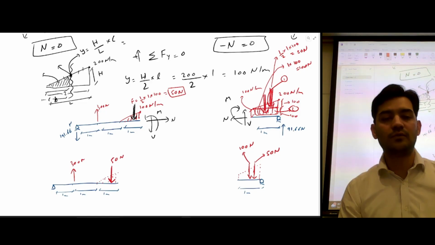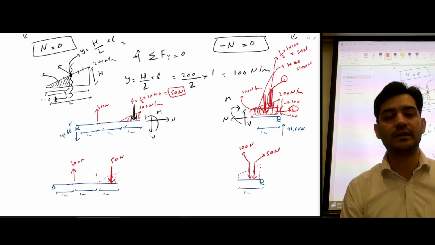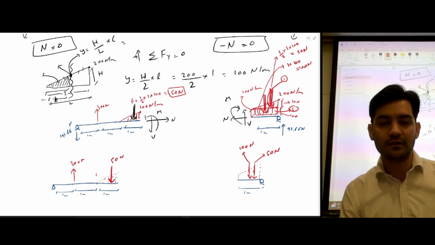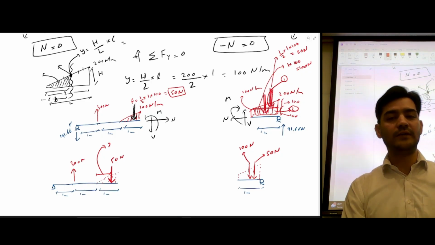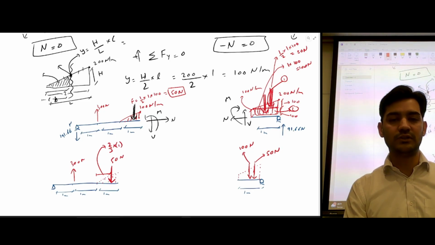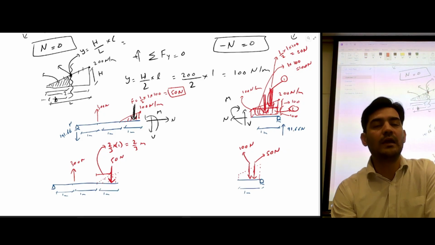We also have to calculate the distances where these forces are acting. They act at the centroid, so we have to calculate this distance as well. Since it's a triangle, the formula is 2/3 of the length. The length is 1 meter, so the distance comes out to be 2/3 meter. Similarly, we calculate the distances for the other two forces.